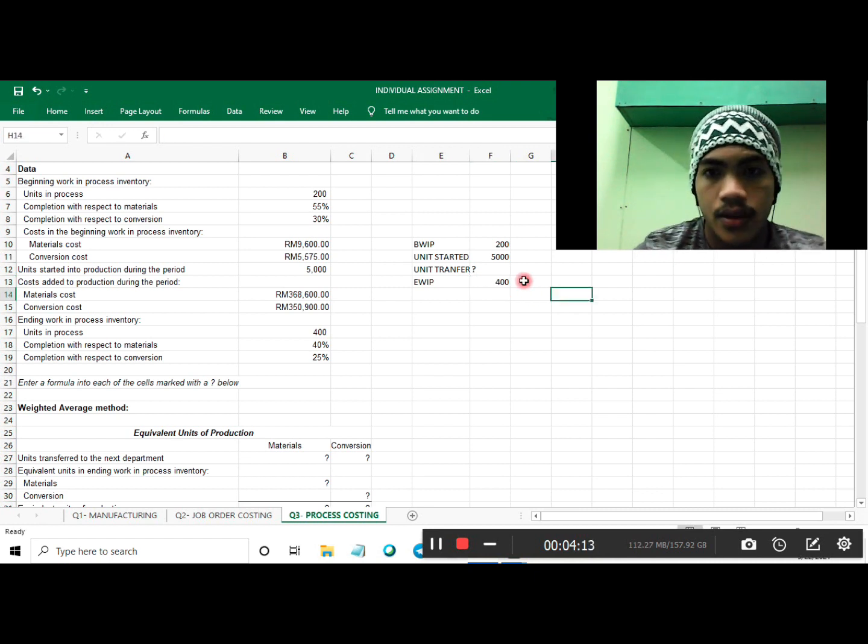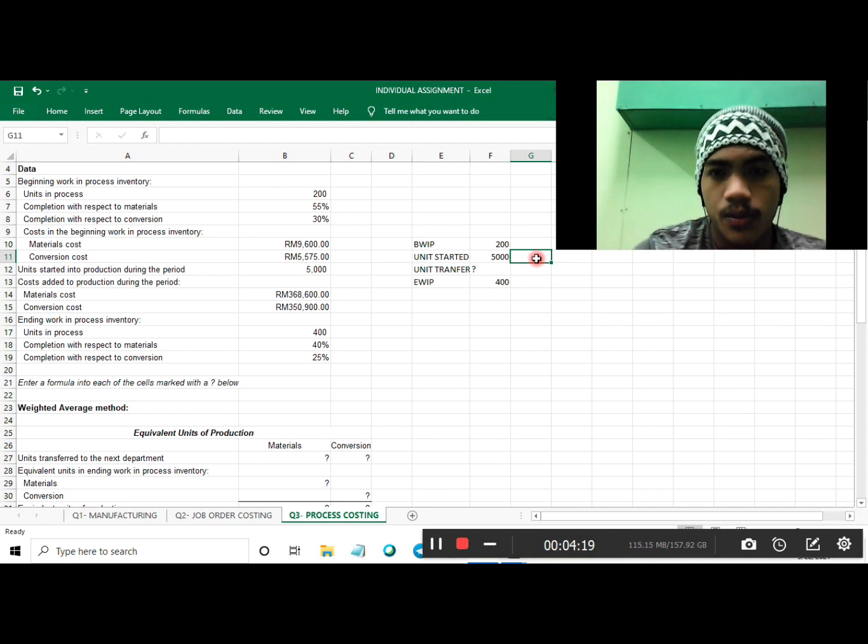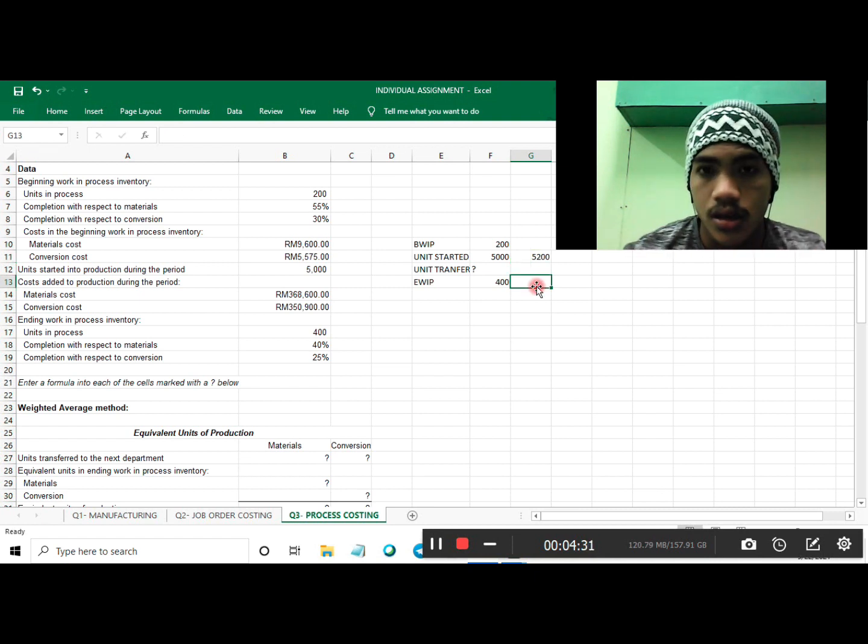So we need to sum the beginning WIP plus units started. We get 5,200.